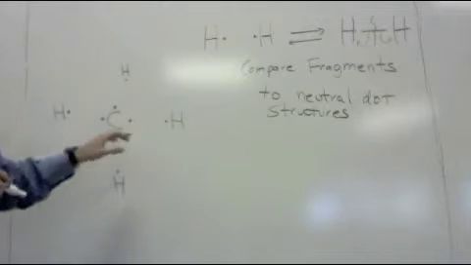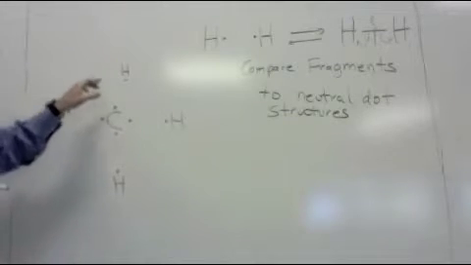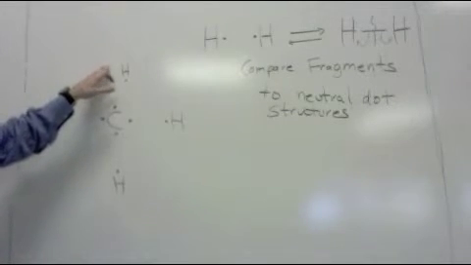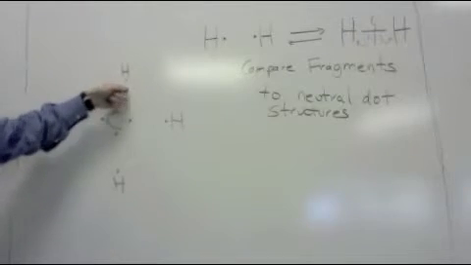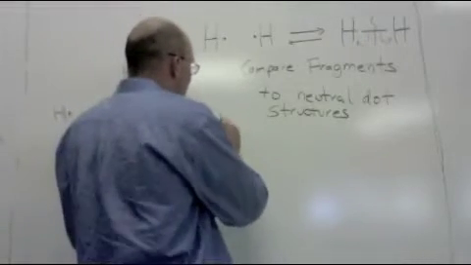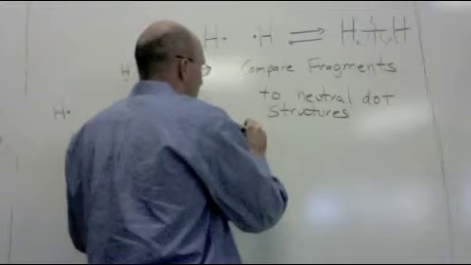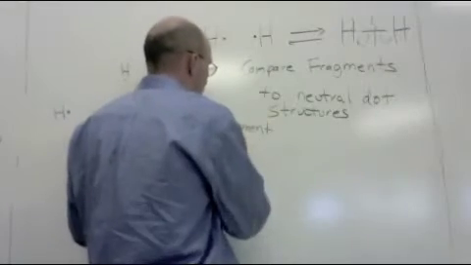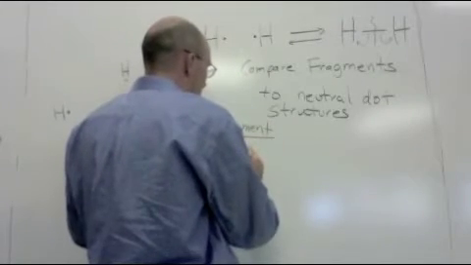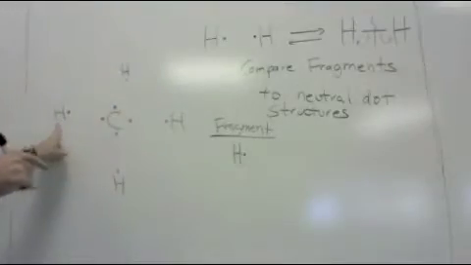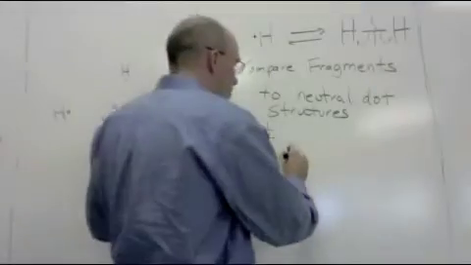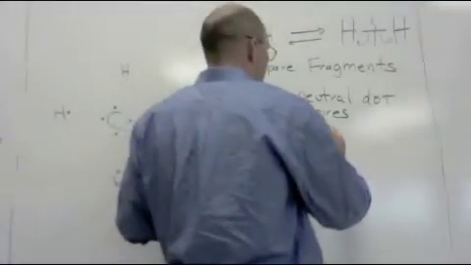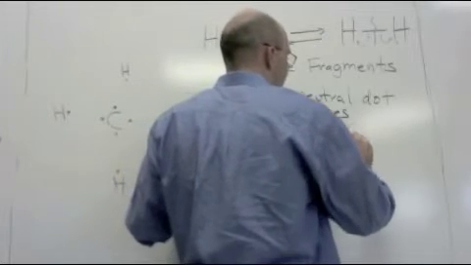Even though these are all drawn with the dots on different sides, all these hydrogens are the same. They're all hydrogen with 1 dot. So the fragment, all of these guys are H dot, and what you want to do is compare that to the neutral atom.